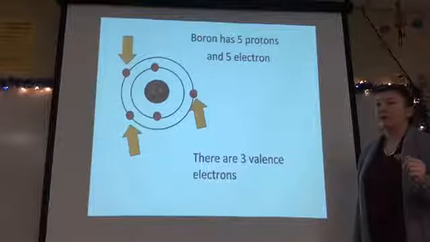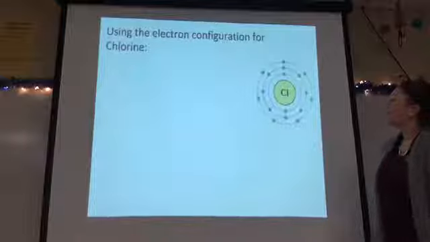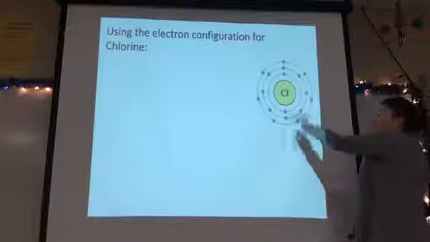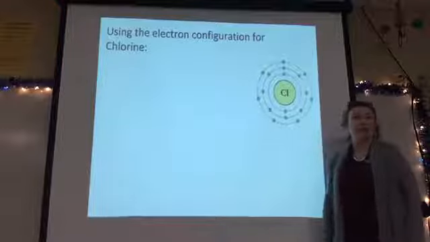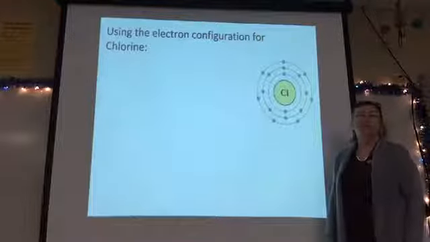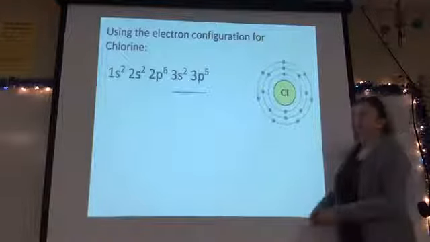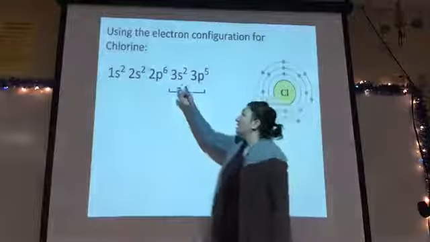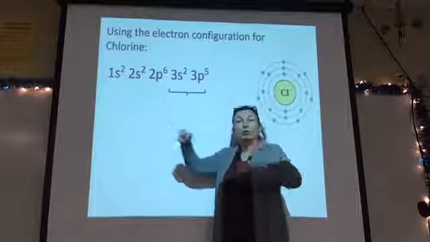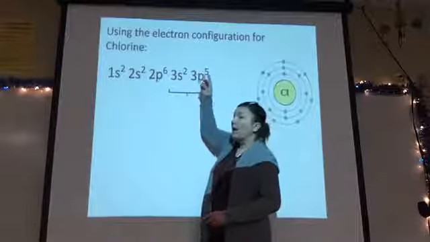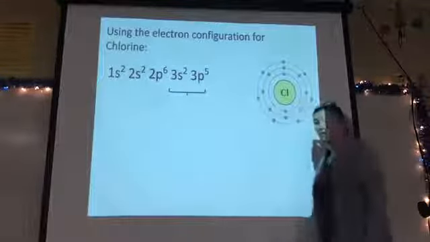Okay. So, using the electron configuration for chlorine, how many valence electrons does chlorine have in its outermost shell right here? 7. And if we write it with electron configuration, this is my outermost shell. The 3rd energy level is the highest energy level. 2 plus 5, there are 7 valence electrons.